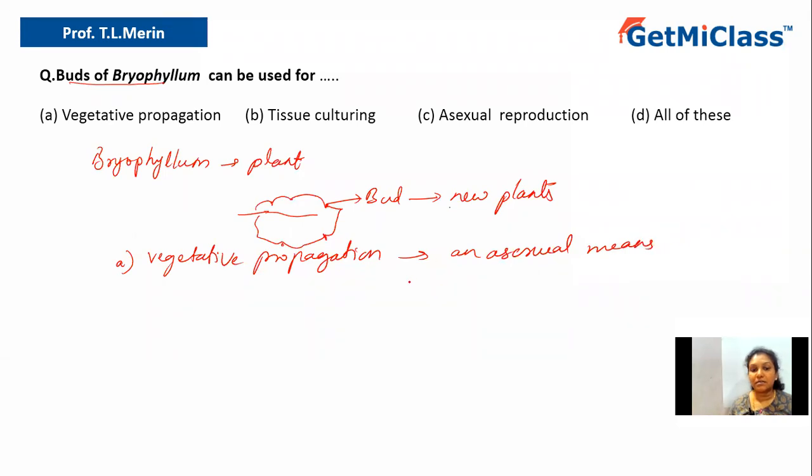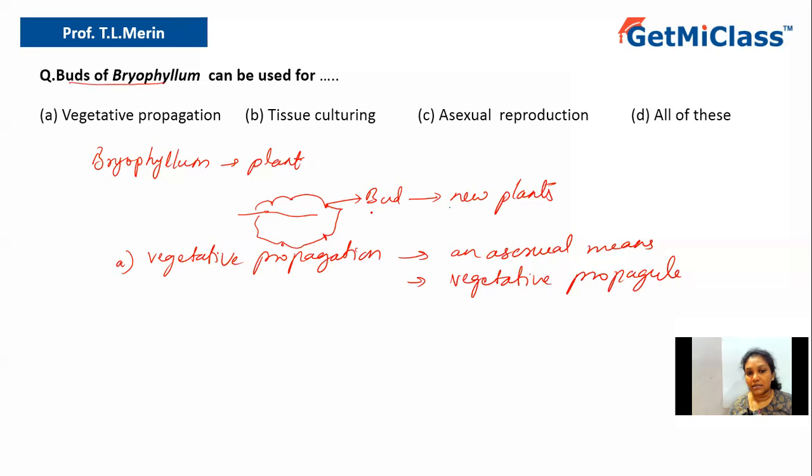Because here the new plants are produced from the parental plant itself. Like we take away, or even naturally, some parts which contain specialized structures called vegetative propagules, which can be utilized for the development of new plants. Okay, so that is what vegetative propagation is.